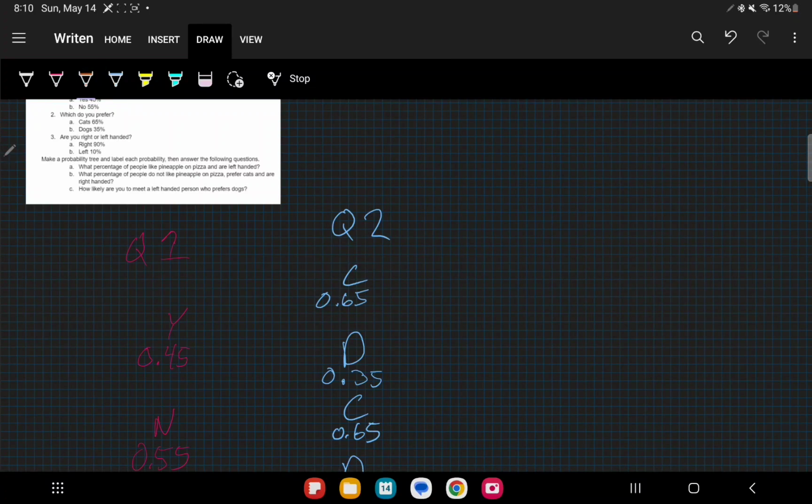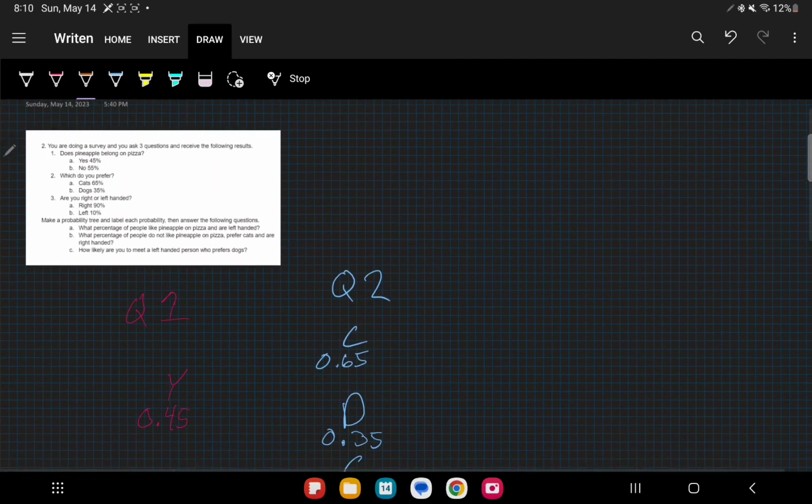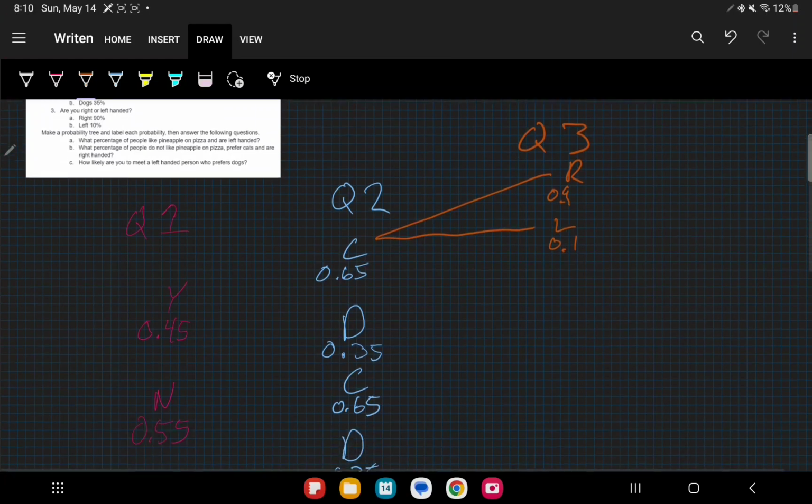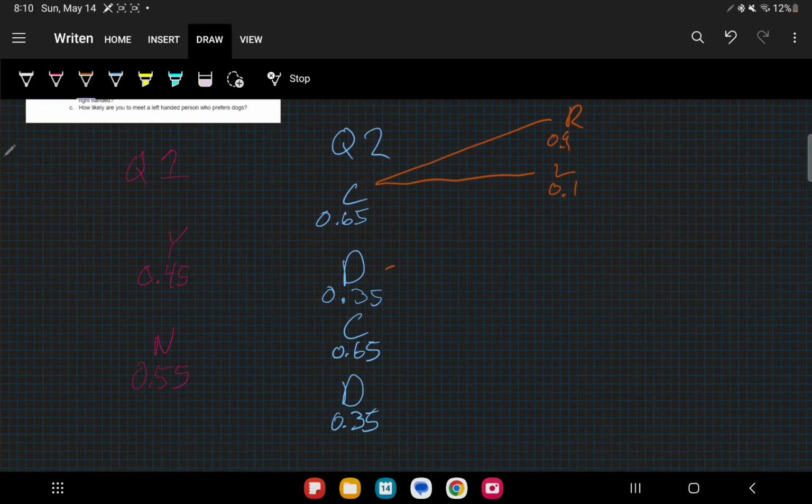And then the last one. I then have right or left-handed. So Q3, do it for the cat first, right here. So it's right, and the rights get 90%. The lefts get 0.1. Then for the dog, same thing.